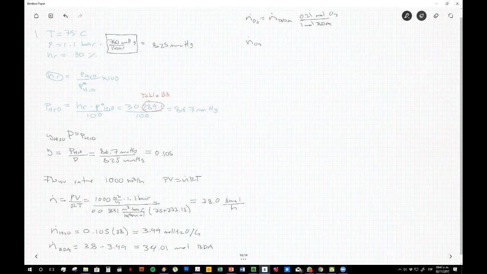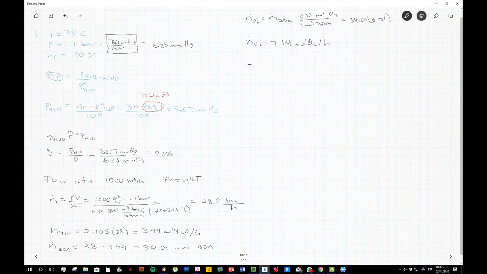So the number of moles of oxygen is 7.14 moles per hour, with bone dry air at 34.01 times 0.21. Okay, so that solves the first part of the problem. Obtaining the oxygen is important if you're going to use that air for something like a combustion reaction.